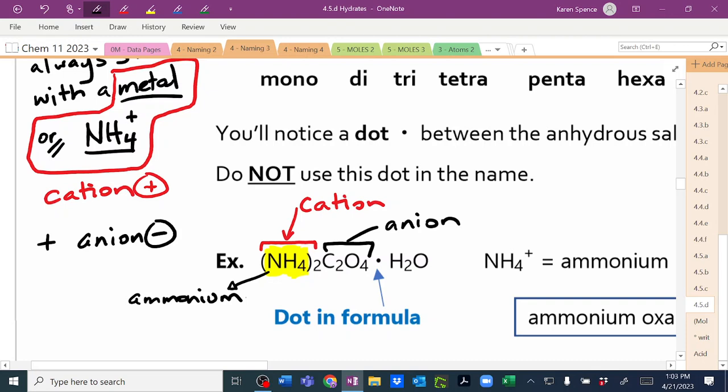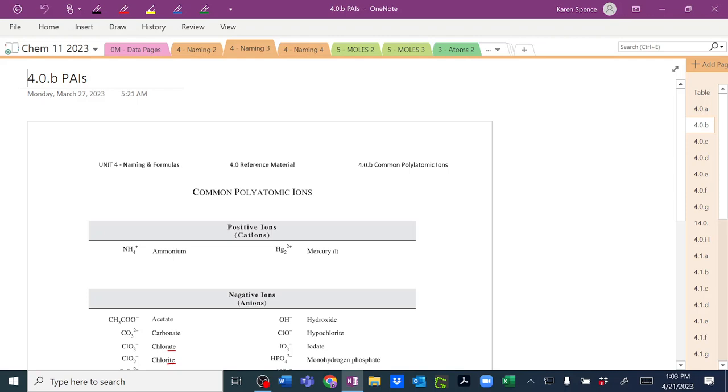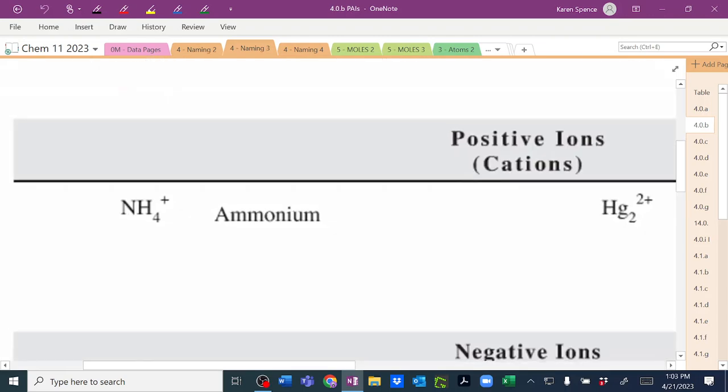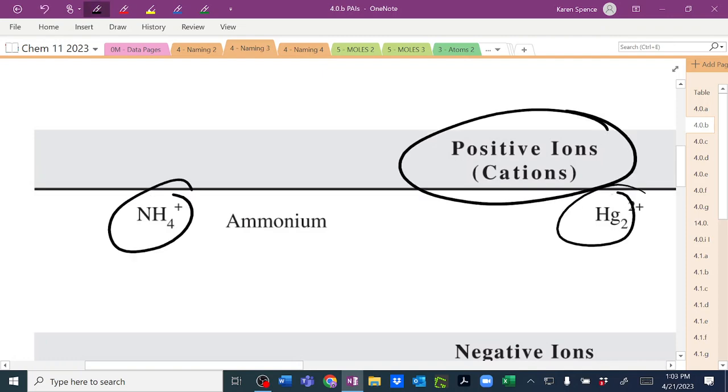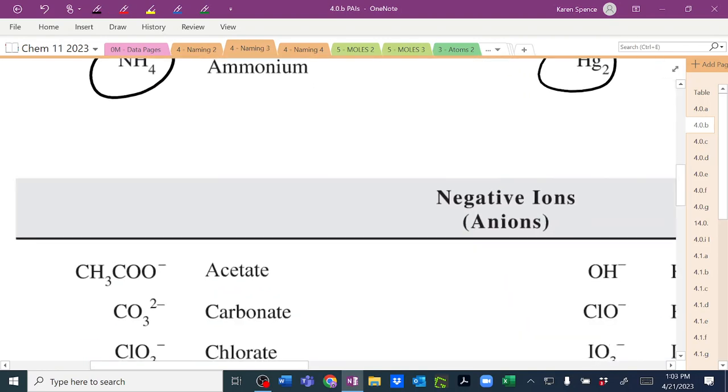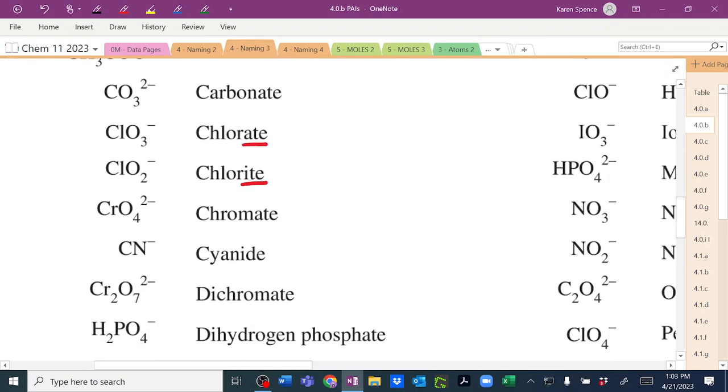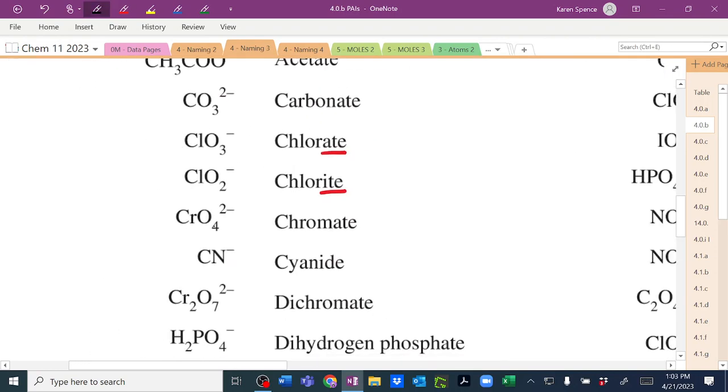And then you're going to go look up C2O4, also on the pink sheet. So there is ammonium. You'll notice that there's not very many positive cations. There's ammonium and there's mercury 1. Now, when we look for C2O4, sometimes people get confused. They see CrO4 and it looks similar, but it's not C2O4.